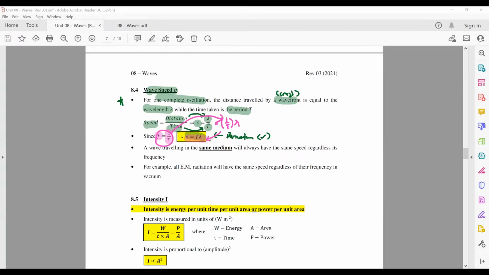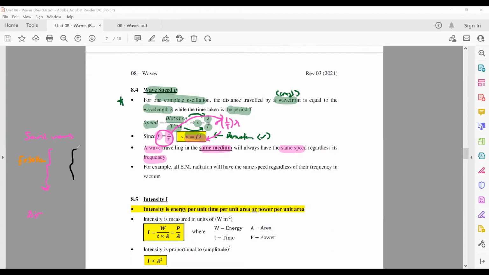All right. Okay, then another thing that I should mention here is that for any wave that travels in the same medium, it will always have the same speed regardless of its frequency. So what I mean by that is that if let's say you have sound waves, and it's traveling through air, for example, it could have maybe say a frequency of 50 hertz for one particular sound wave.